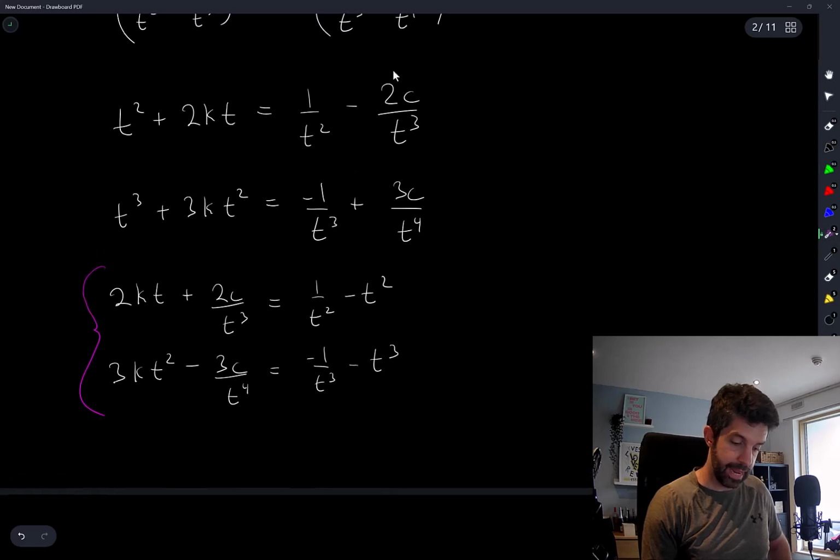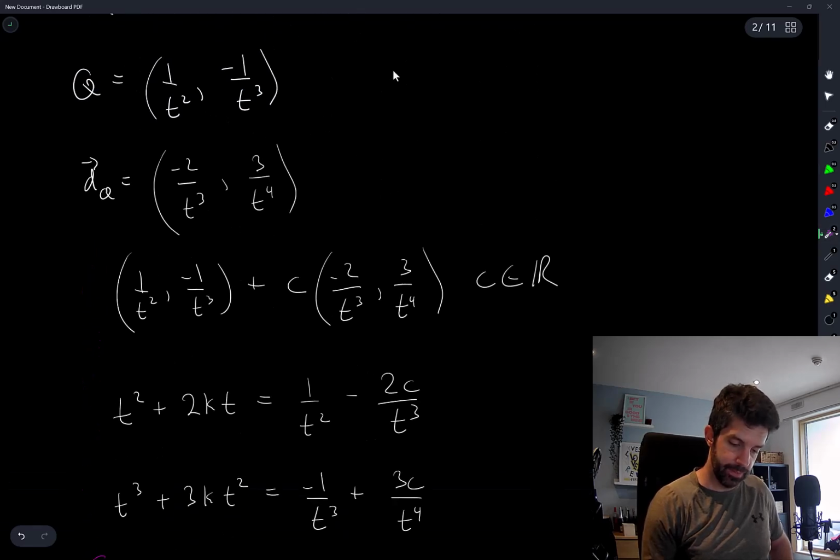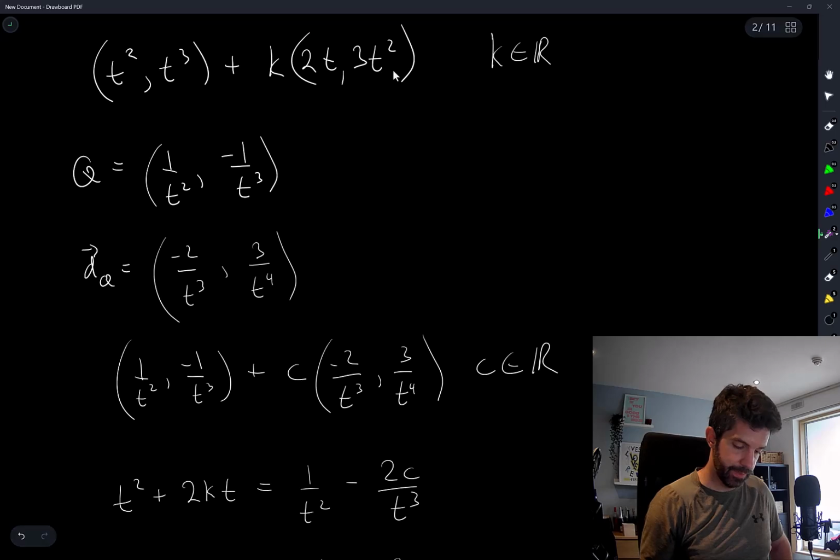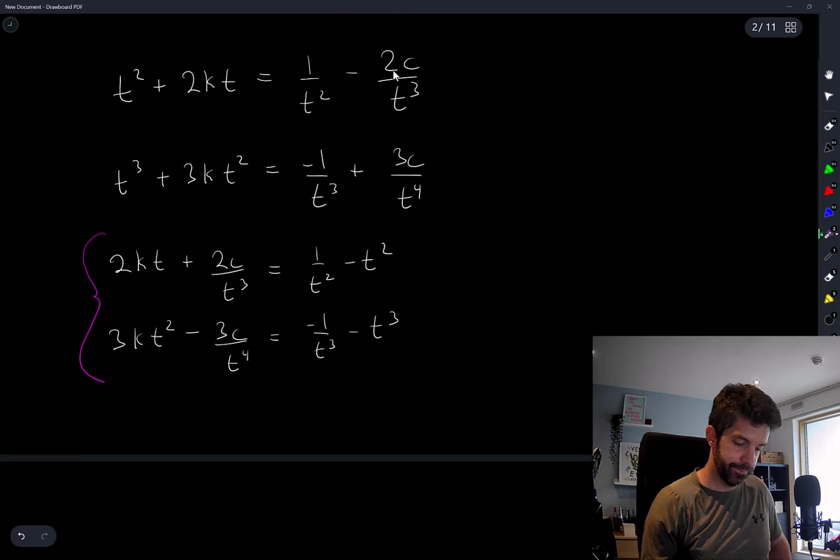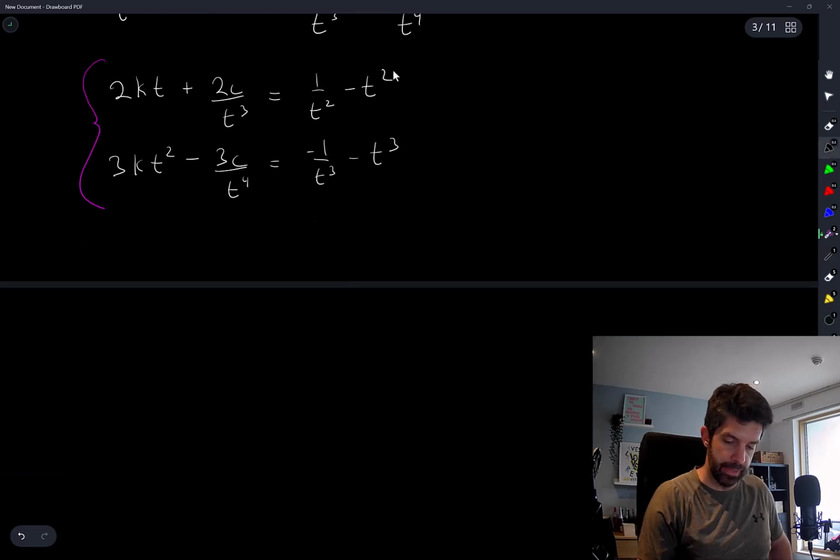Once I find k and c, that will give me the point where these two lines intersect. This looks pretty messy, but let's see if we can figure it out.